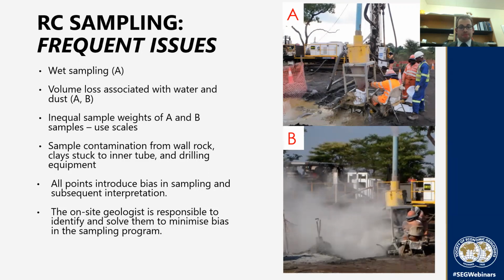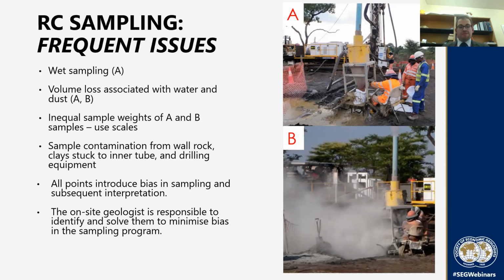And so sample loss or volume loss associated with water and dust in both figures. And you probably will get, if you have especially wet sampling, unequal sample weights of the A and B sample. A very easy way to mitigate this problem is to use industrial scales on site.